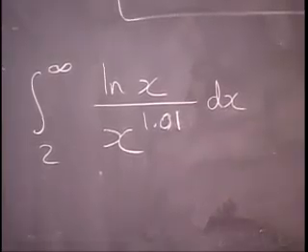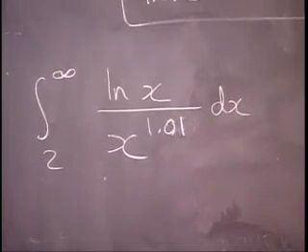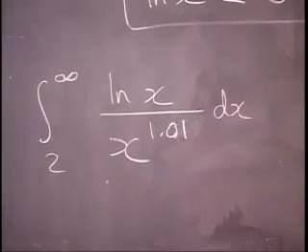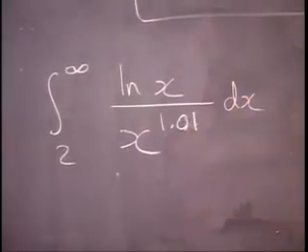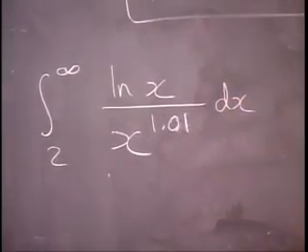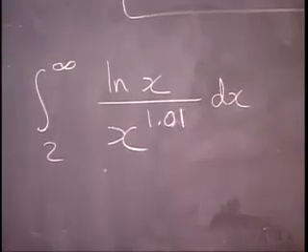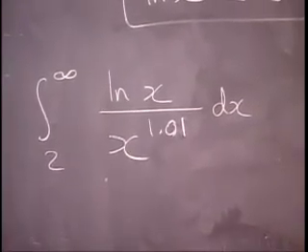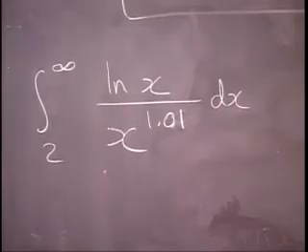So log x over x to the 1.01 dx. Now it's time to use a little bit of intuition. Suppose the log x was not there. This was just 1 over x to the 1.01. Would that converge or diverge? Converge. It would converge because the power 1.01 is bigger than 1.